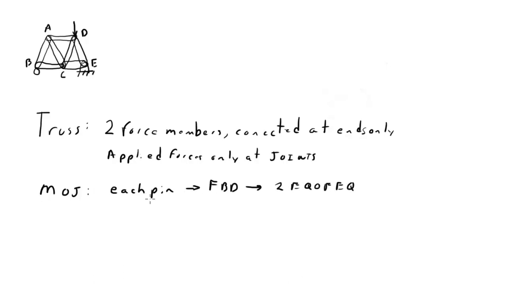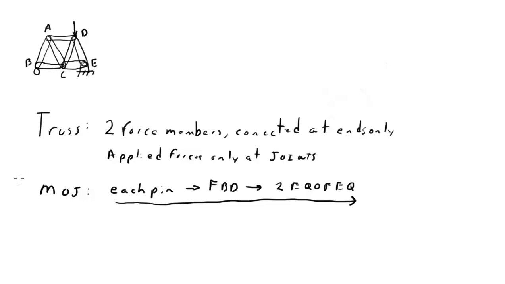And it turns out that for any truss system in two dimensions, which is what we have here, this will always allow us to solve for all of the internal loads, which means the internal loads on each of these connections or members, whether or not it's in tension or compression, and will also allow us to solve for the reactions.